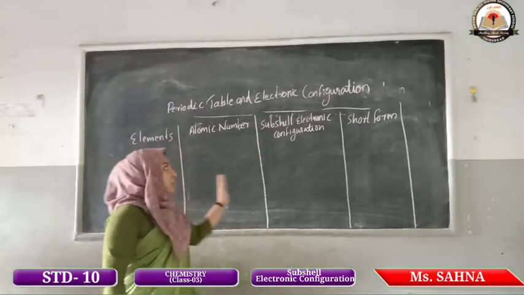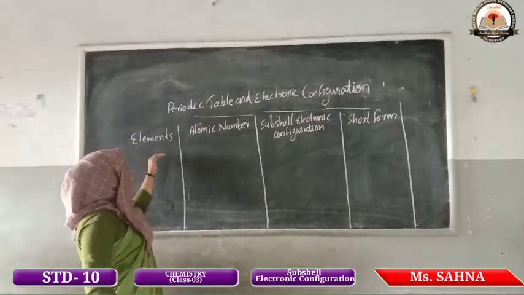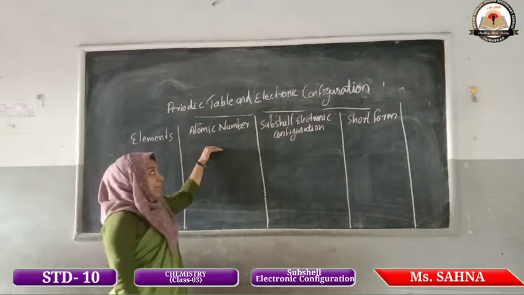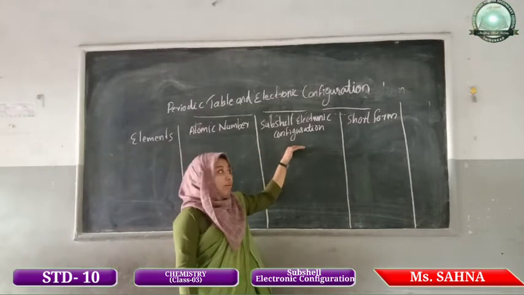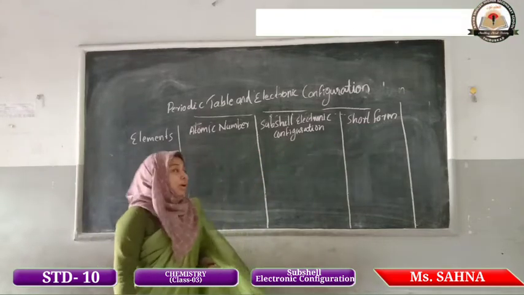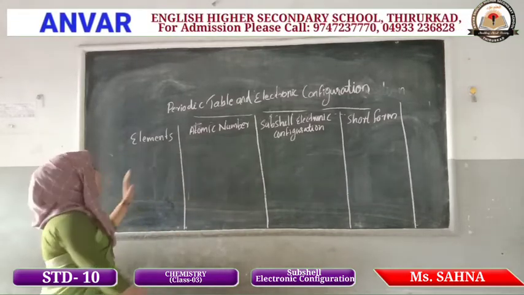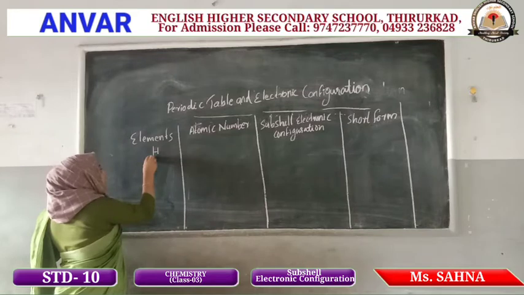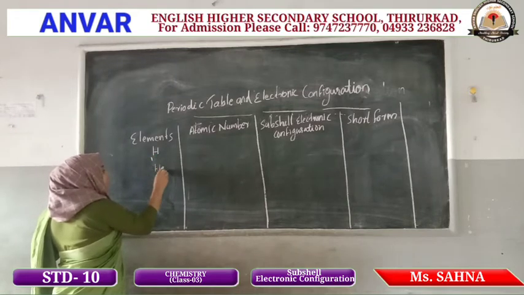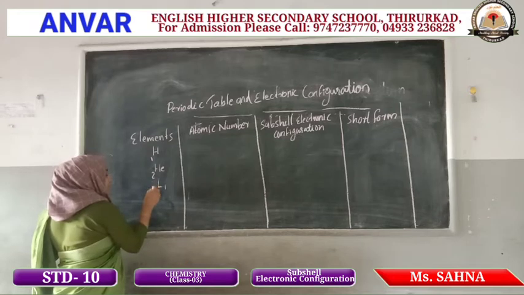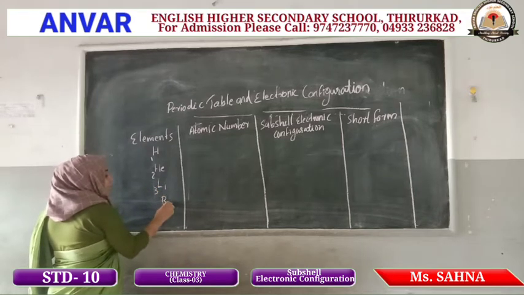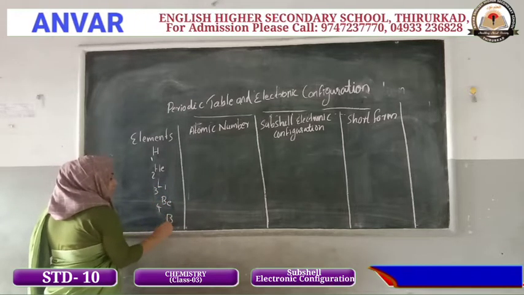First of all, all of you draw this table: elements, atomic number, subshell electronic configuration and short form. And I write some elements here: hydrogen, helium, lithium, beryllium, boron.